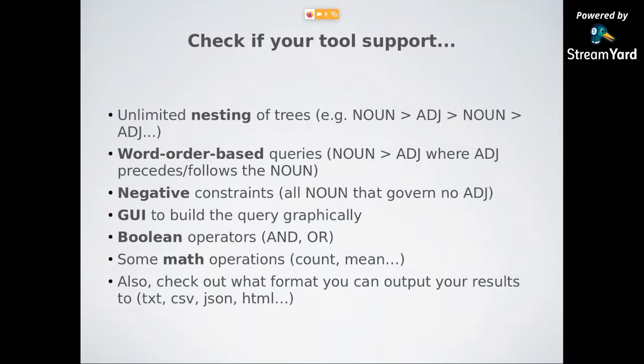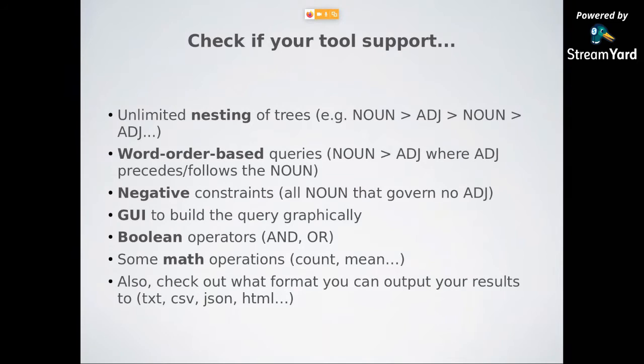You might want to check if they also support word order based queries, so queries that let you specify the constraint that the adjective must precede or follow the noun.